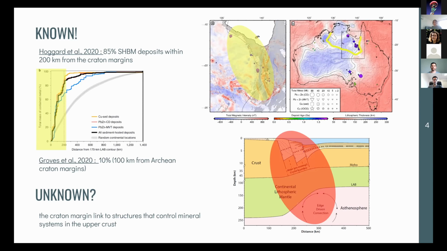What we do not know is how mineral systems link to the craton margins. Whatever we know so far about mineral systems is more about how they form rather than why they form, and why some localities have mineral systems and others don't. So there is this gap in our understanding, and we need to work on how the craton margin geometry controls mineral systems, and whether it controls them or not.